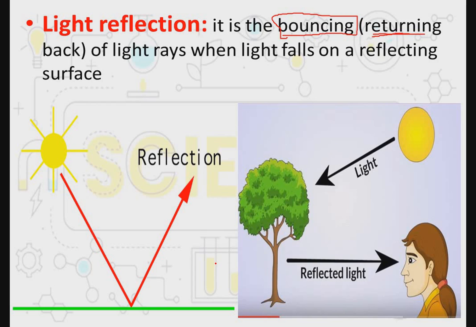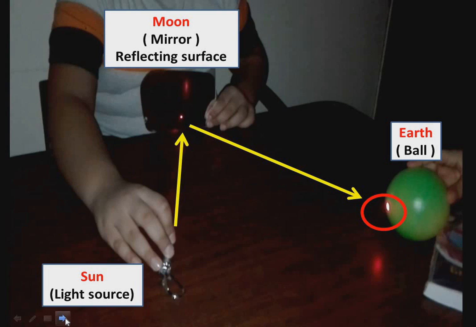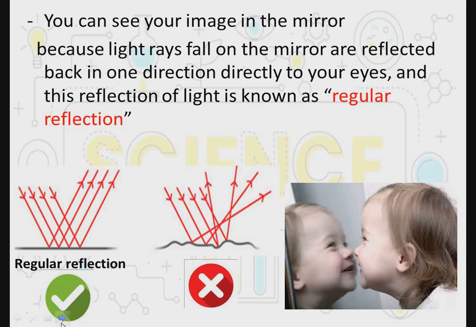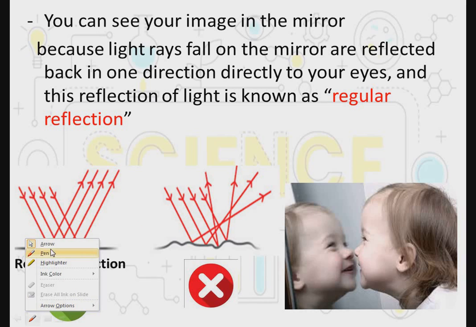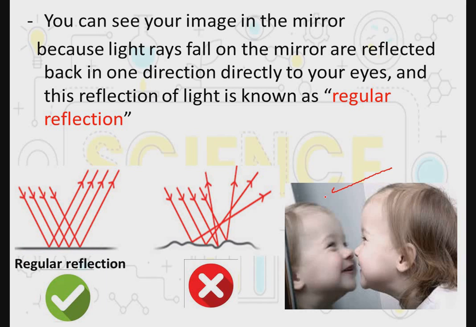When you look at the mirror, you can see your image in the mirror. Because the light will fall on the mirror, or will hit the mirror, and it will return back to your eyes.